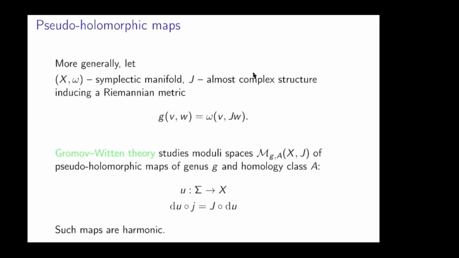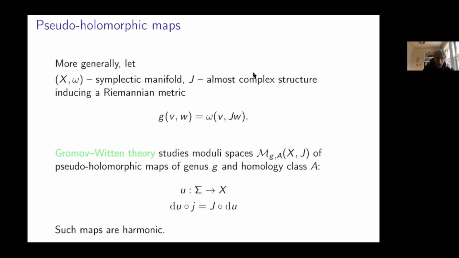These are smooth maps from Riemann surfaces such that their derivative is J-linear. Sigma is a Riemann surface, and small j is a complex structure on sigma. You require that this Riemann surface has genus G, and that the map represents a given homology class A. Modulo parametrizations, these maps form the moduli space of J-holomorphic maps. In particular, such maps are harmonic.